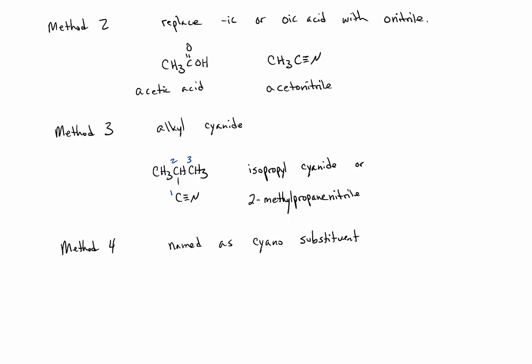If a higher priority functional group is present, then we'll need to name the nitrile as a cyano substituent. Carboxylic acids are higher in priority than nitriles. So this would be a propanoic acid, and there is a cyano on carbon 2.